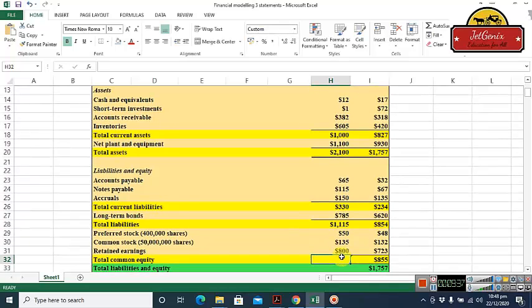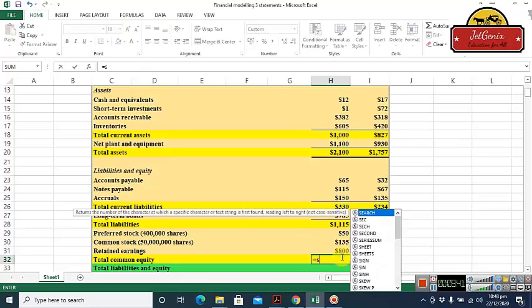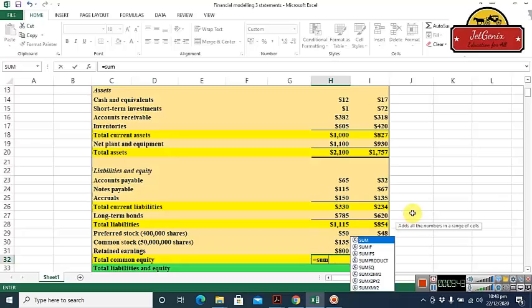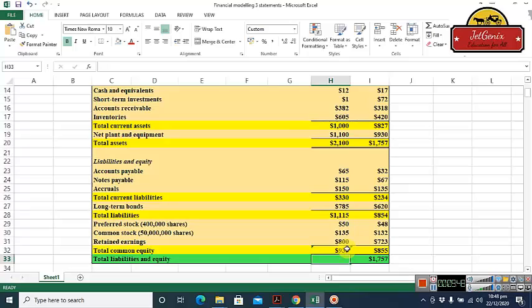And now what is the total equity? Total equity in this case is the sum of only common stock and retained earning, okay. So that is 935. And if we want to calculate the total liabilities and equity, I'm going to do it again the same way.